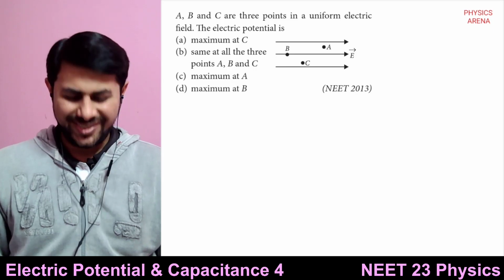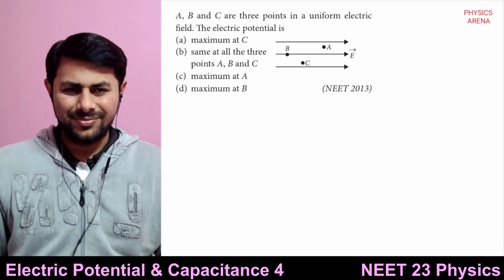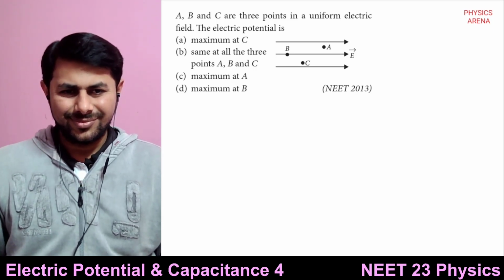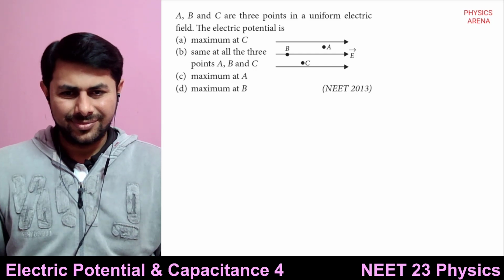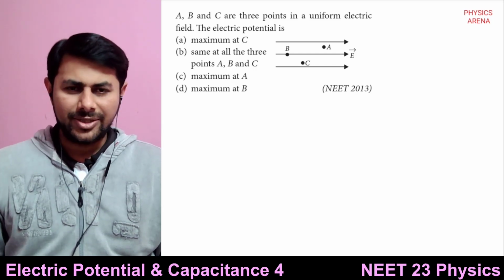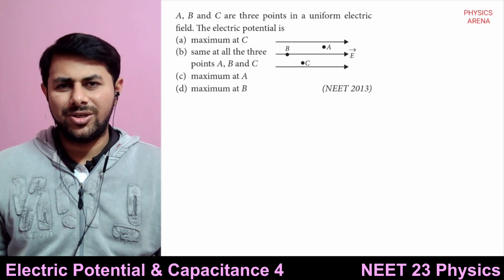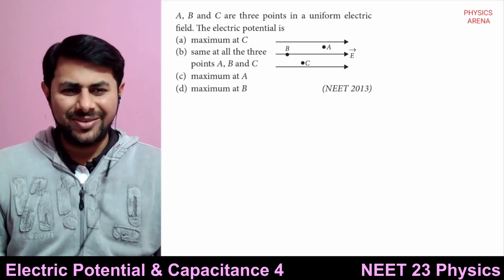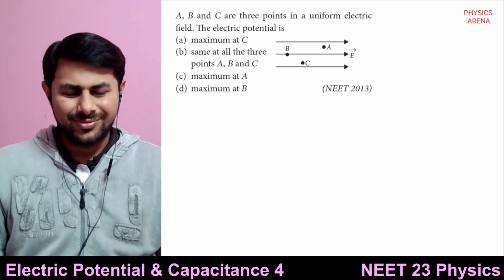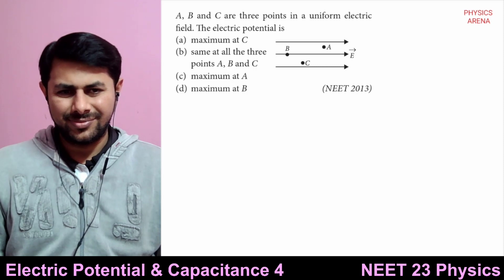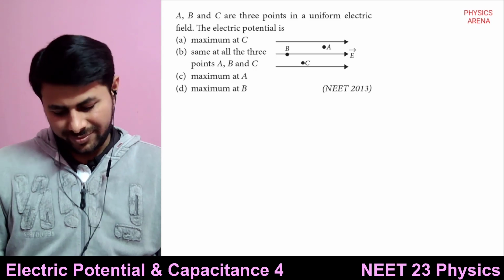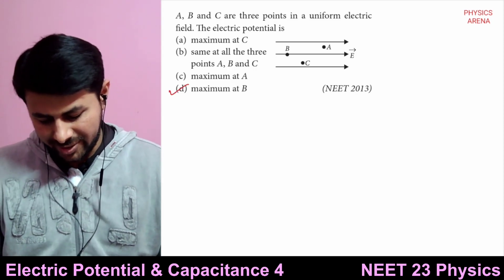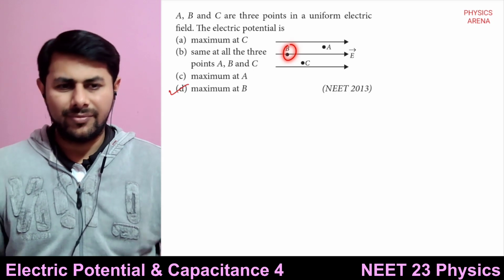We had studied this yesterday. Electric field lines flow from higher potential to lower potential. Now tell me. Option D. Right. It's maximum at B.